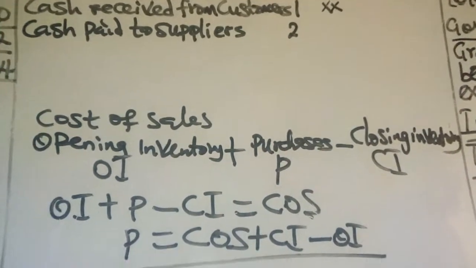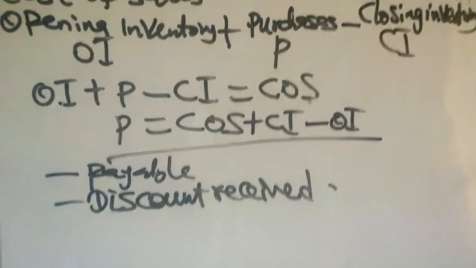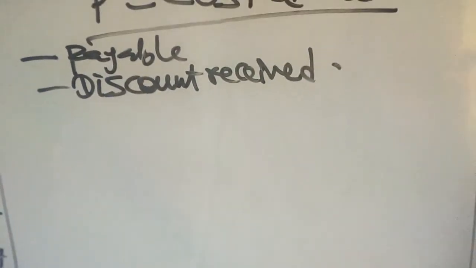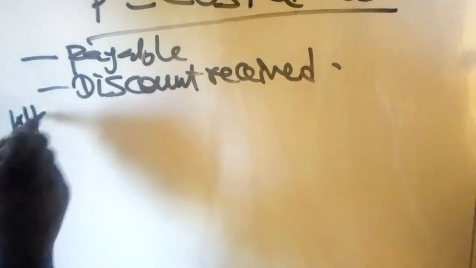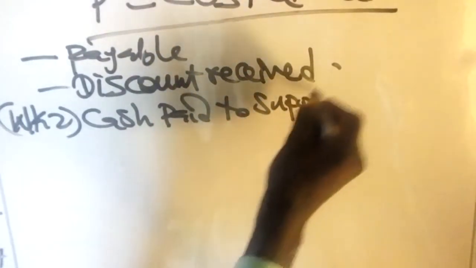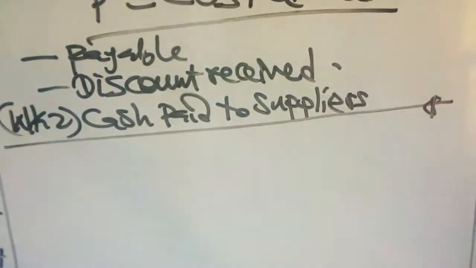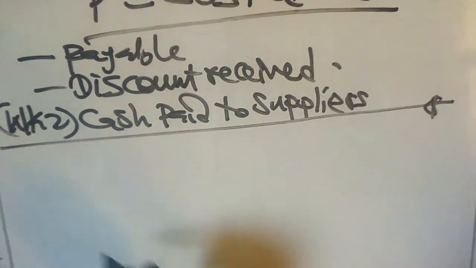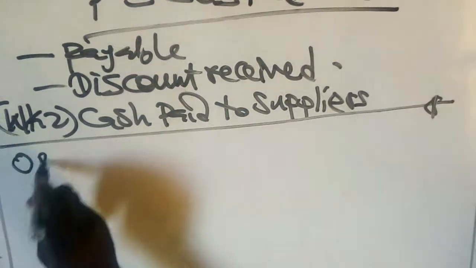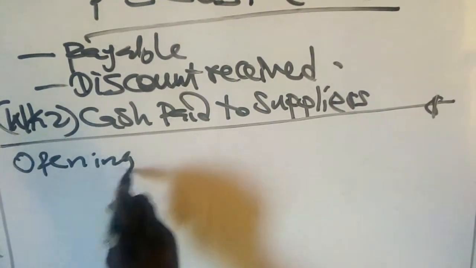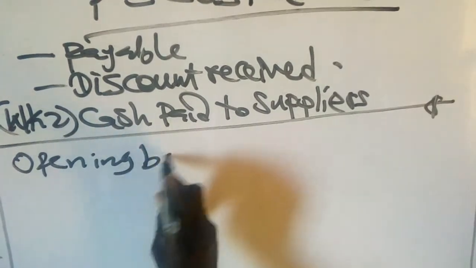Now let me have that to be note 2, which is cash paid to suppliers. Remember, I've told you that you should always start with the opening balance. I've told you that your opening balance will always be found in the opening statement of financial position.